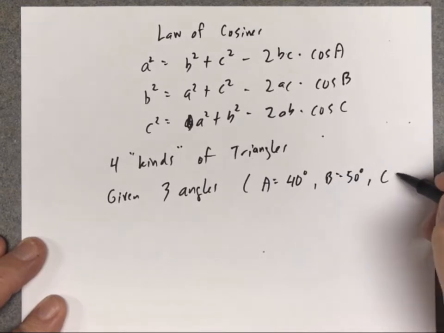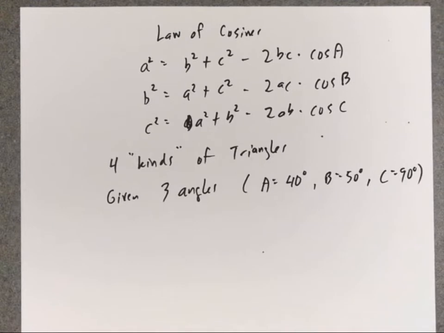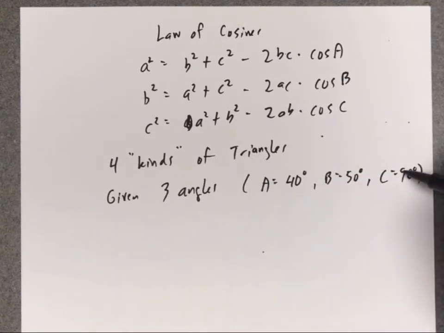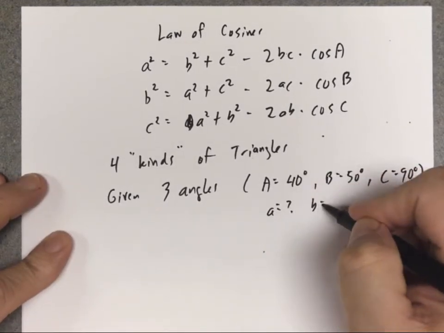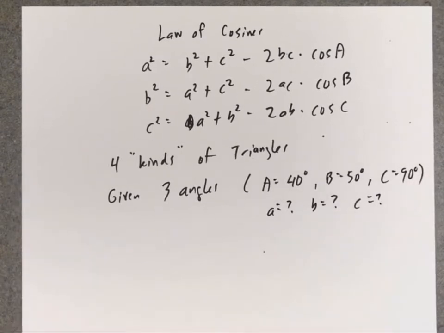What would angle C have to be? 90 degrees. So you're given the three angles of a triangle, and then they say, figure out the other parts of the triangle. Since we know the three angles, basically we'd be asked to figure out the lengths of the three sides.